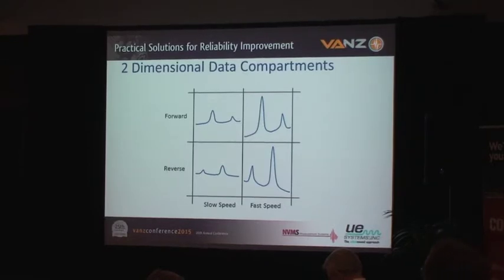You've got a forward and a reverse direction at a high speed and a low speed. We need to start thinking in terms of controlling when we collect the data so that we can put them into these compartments. And now we're dealing with this particular machine, we're dealing with four sets of statistical criteria.